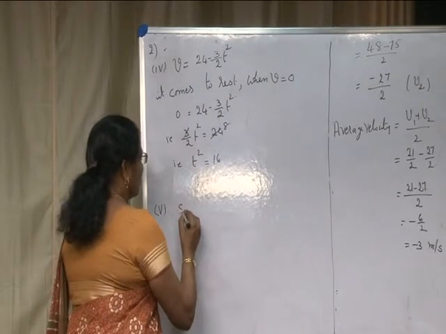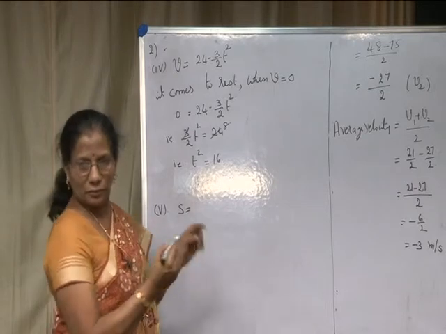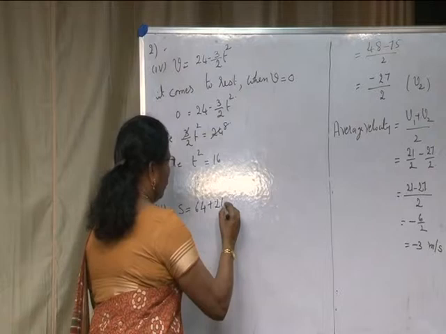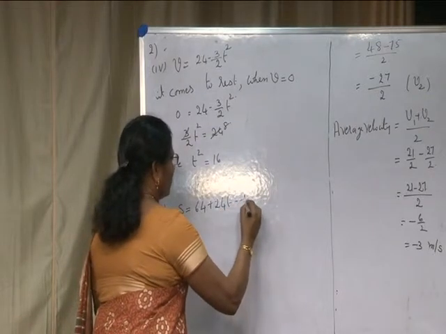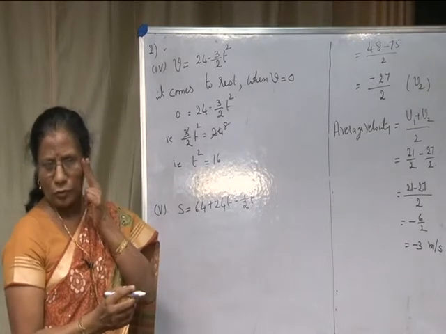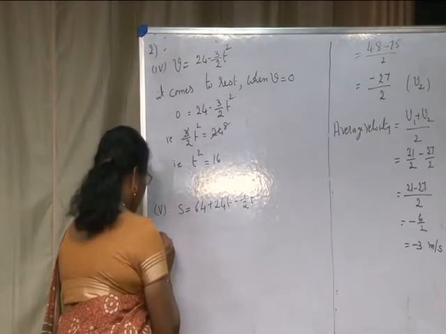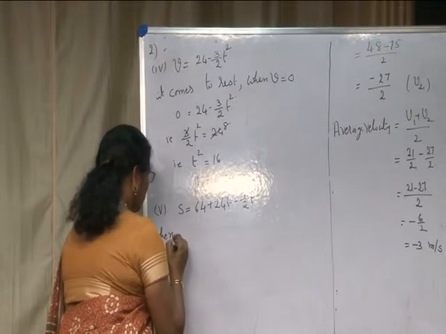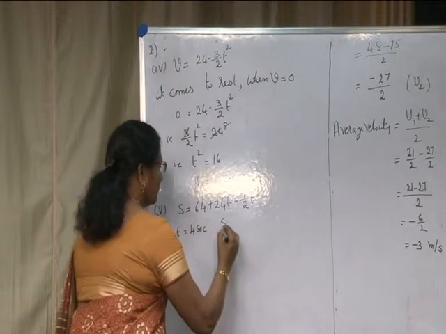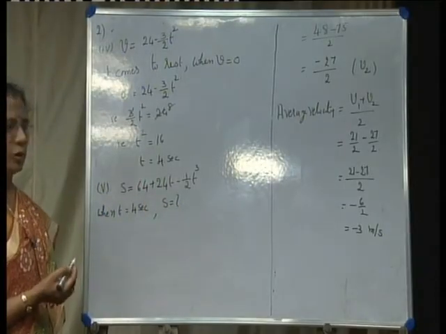So, distance S is given as 64 plus 24t minus (1/2) t cube. What is the distance travelled by the particle when t is equal to 4 seconds?